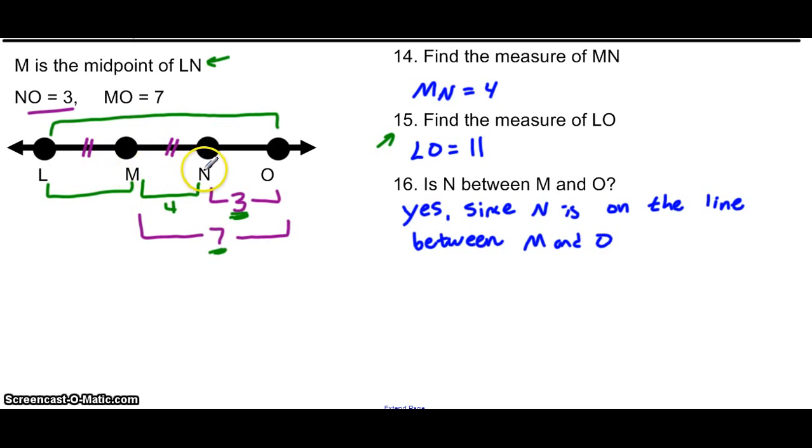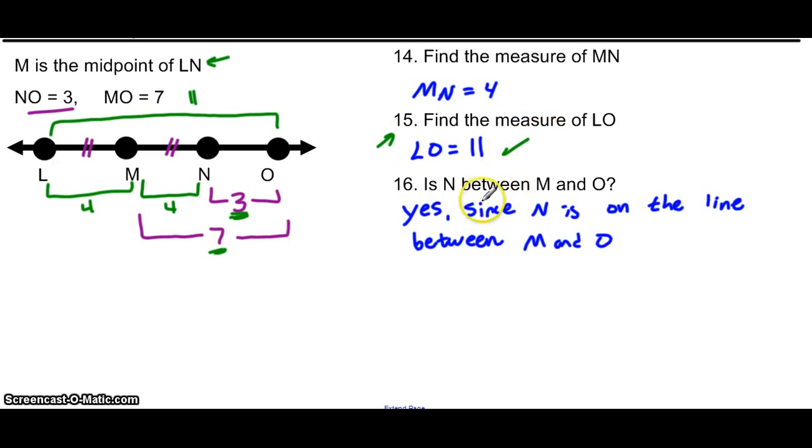I know that MN is 4, so this part must also be 4. And L to N would be 8. So I've got LM, 4, MN, 4, NO is 3, so 4 plus 4 is 8, plus 3 is 11. This whole thing is 11 long, L all the way to O.